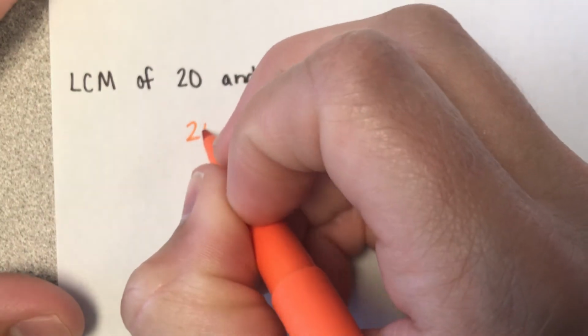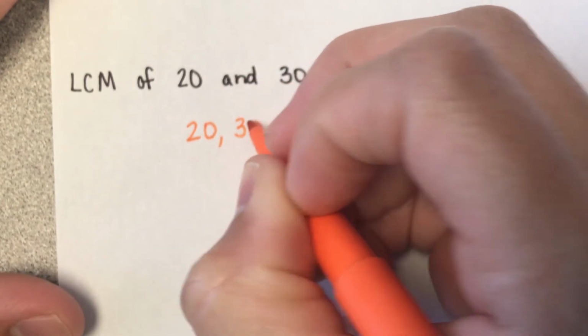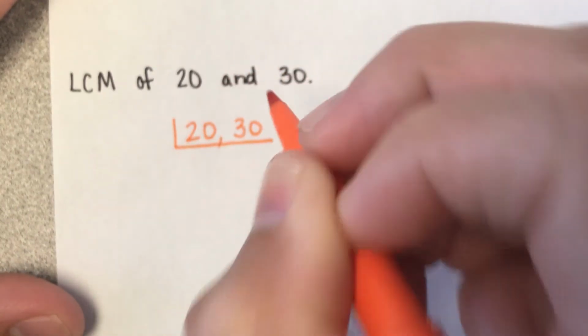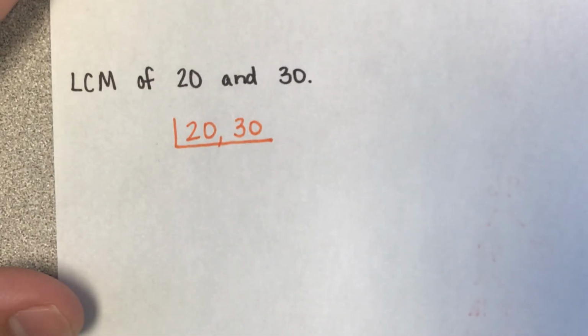Okay, let's keep going. 20 and 30. Let's set up my birthday cake. What is the number that goes into 20 and also goes into 30? We've got multiple options. I want you to do whatever you're most comfortable with. If you like working with smaller numbers, maybe pick 2 or 5.